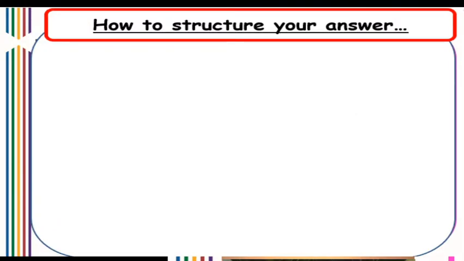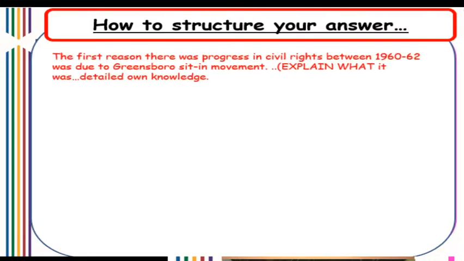So linking it carefully to the question, this is how you need to structure your answer overall. I'll be doing a full example of the PE on that sit-in paragraph in a second. This is how you need to structure it. Start with the sit-ins. So state your point, as I've said here. The first reason there was progress in civil rights between 1960 and 1962 was the Greensboro sit-in movement. Then come up with some evidence.